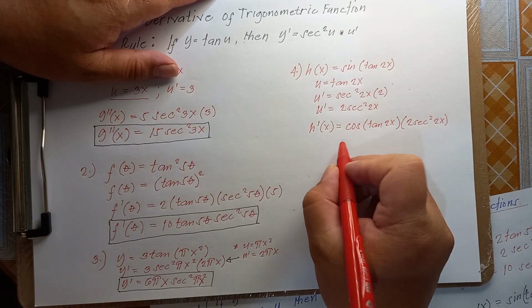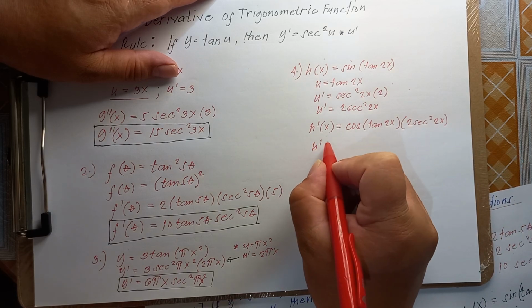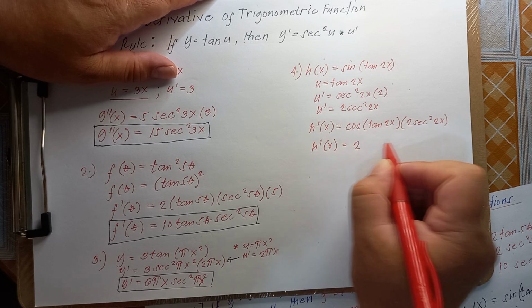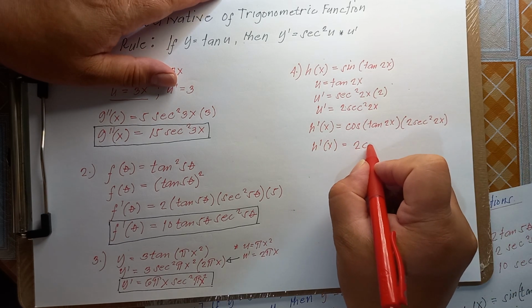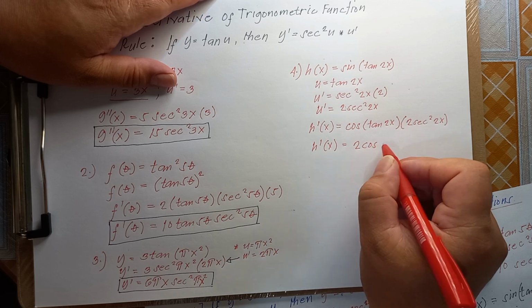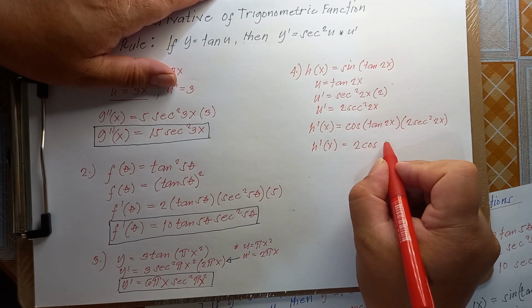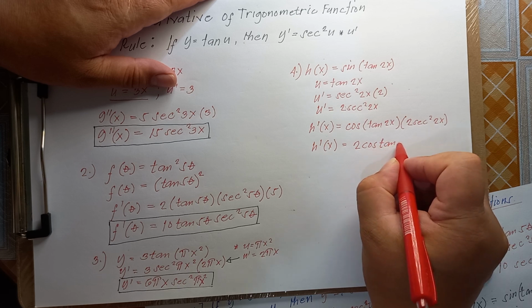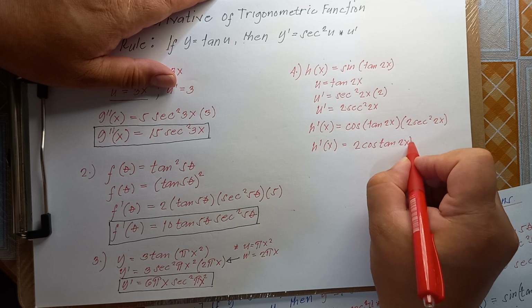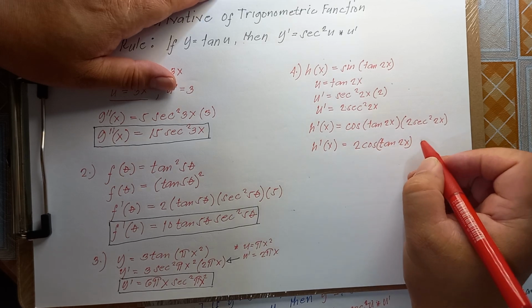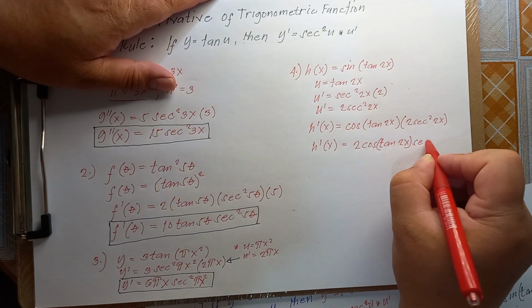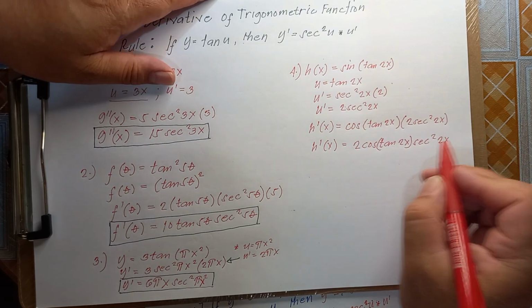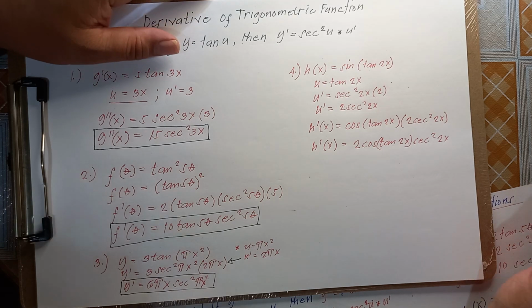Having said that, we multiply this in here, so h prime of x is 2 cosine of tangent 2x times secant squared 2x. So that is our derivative.